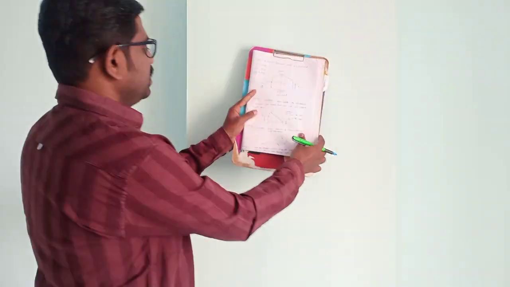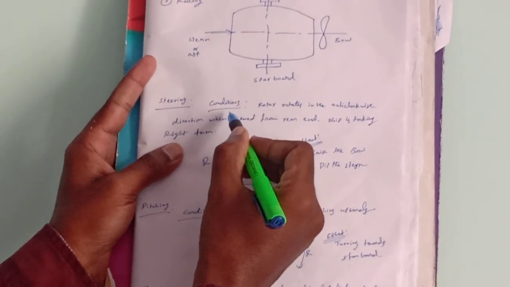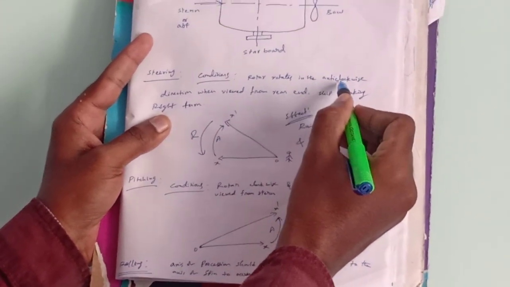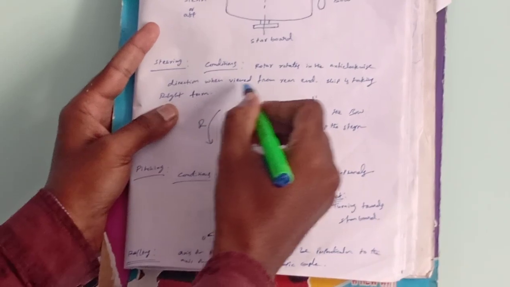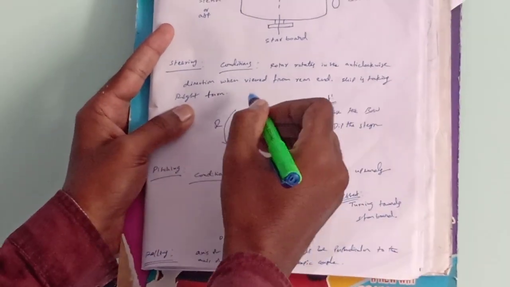First I am discussing the steering movement. You see here, conditions are very important. So first I am taking one condition. Now you see this is the steering movement. The condition given to you: the rotor rotates in the anti-clockwise direction when viewed from the rear end, and the ship is taking a right turn.